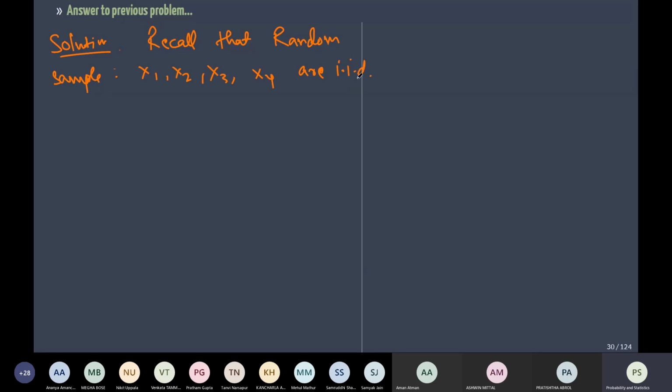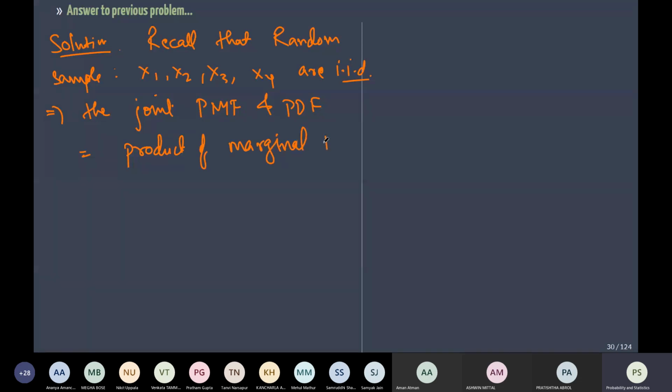Now you see how this IID is helping us most of the time. So these are IID, which implies that the joint PMF or PDF is equal to the product of the marginals. We have done this multiple times now.